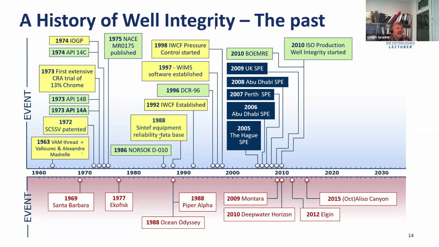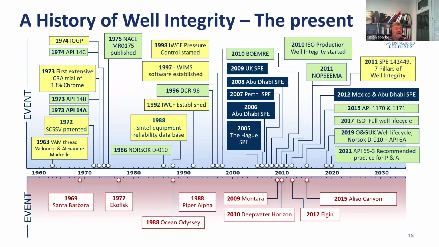Now, what curiously happened, and this started a few days before the Macondo Deepwater Horizon accident, is that myself and 13 other colleagues were asked to start writing the ISO production well integrity standard. So we started that just a matter of days before the Deepwater Horizon disaster.